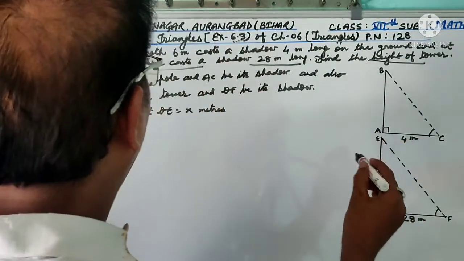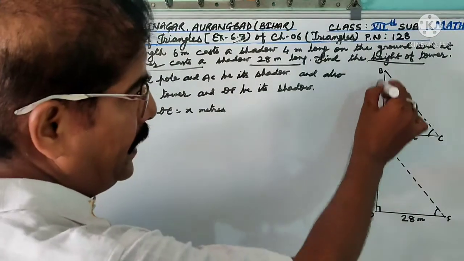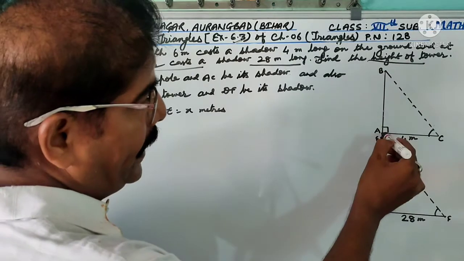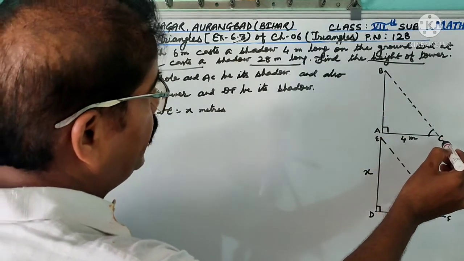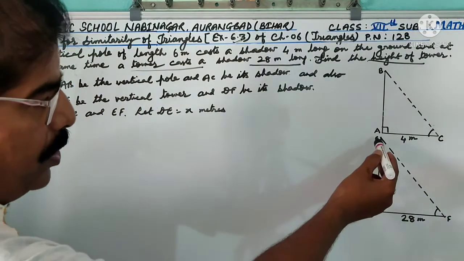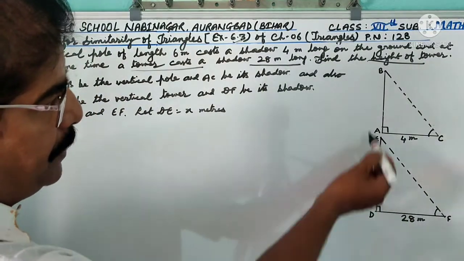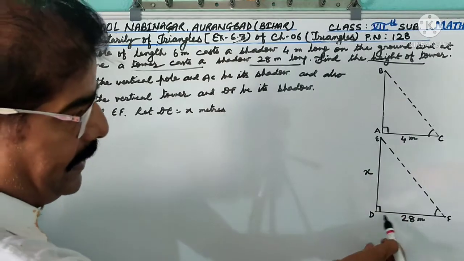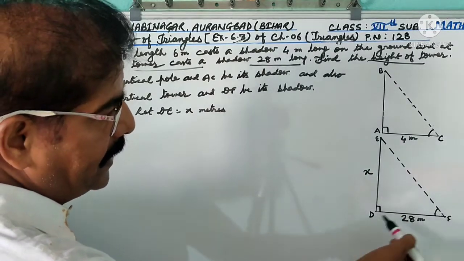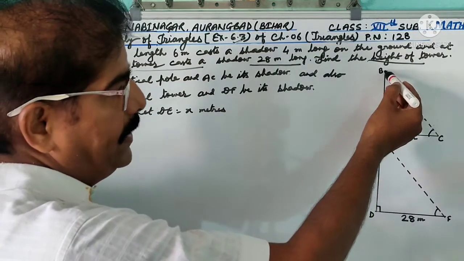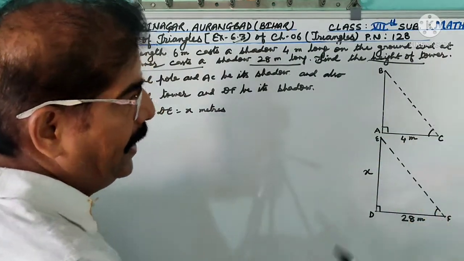Dear students, let AB be the vertical pole and AC be its shadow, and also let DE be the vertical tower and DF be its shadow. Then join BC and EF.